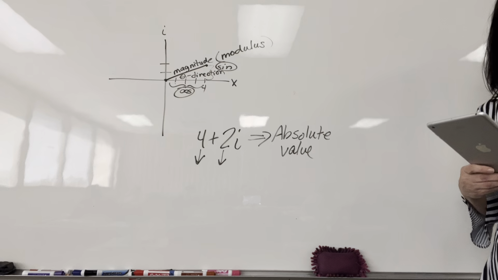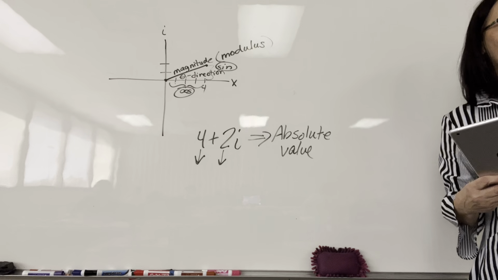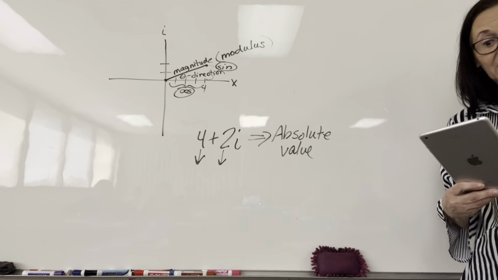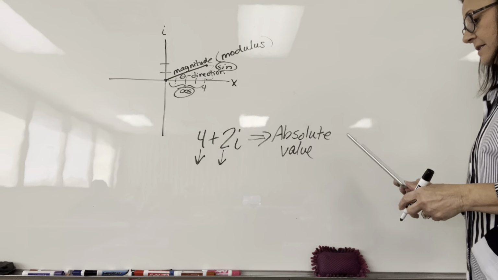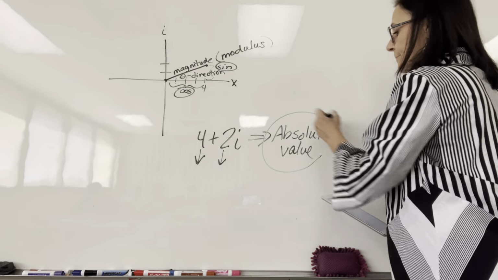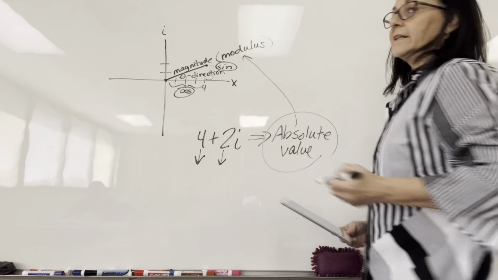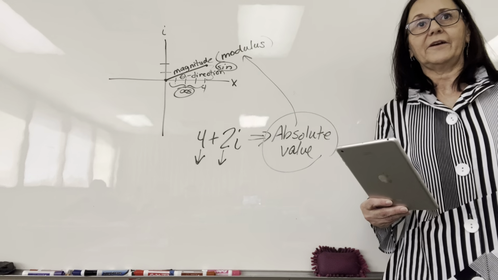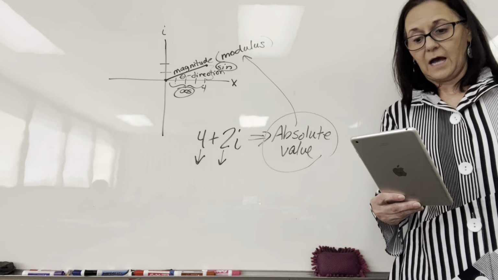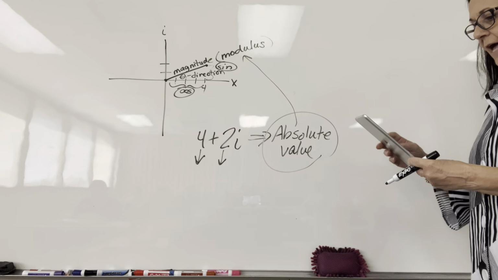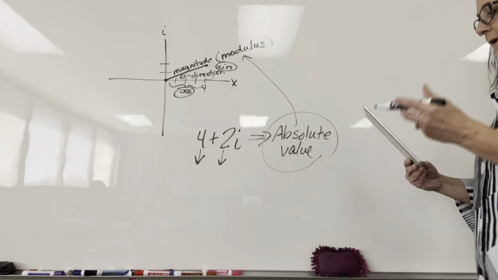New words, but things you already know. Absolute value of a complex number. When we use the absolute value, we are calculating the modulus. I want you to think Pythagorean theorem. Got it?